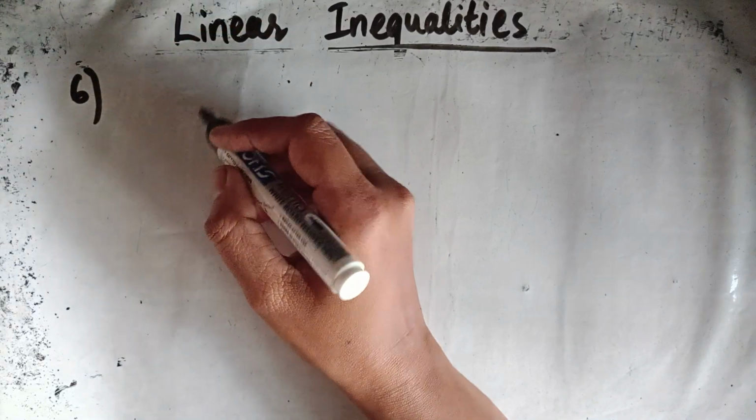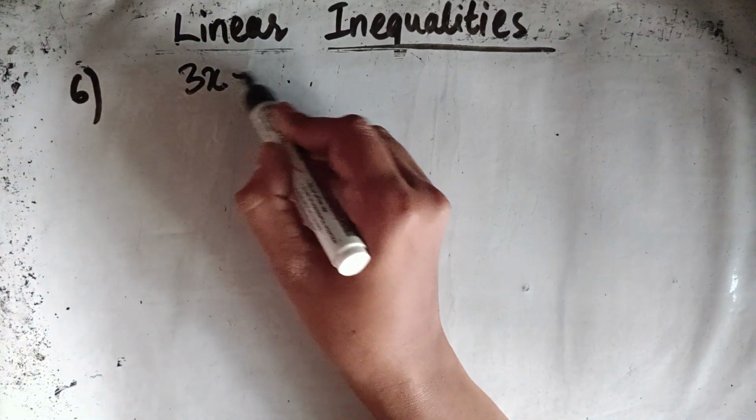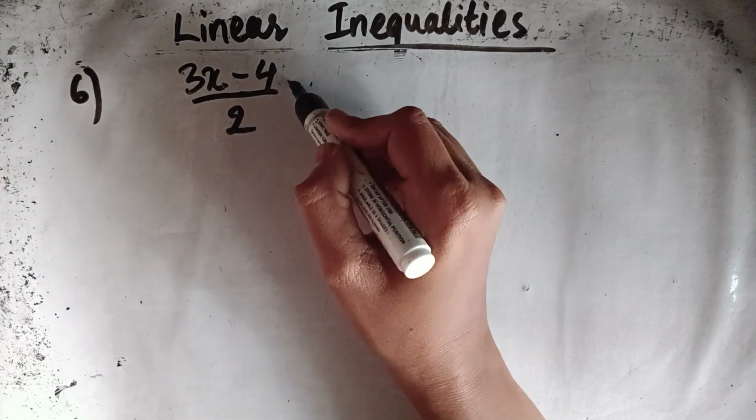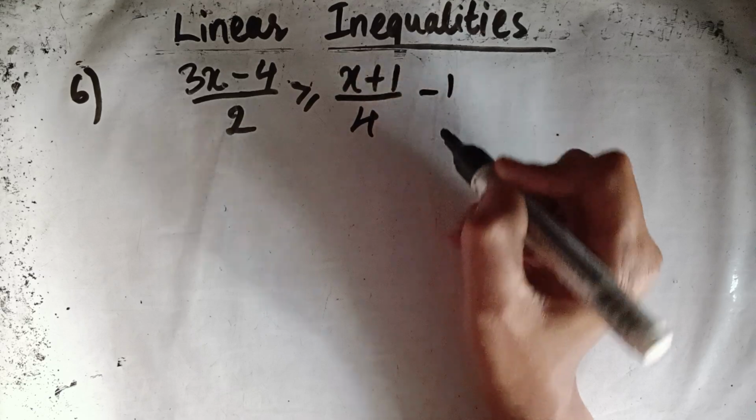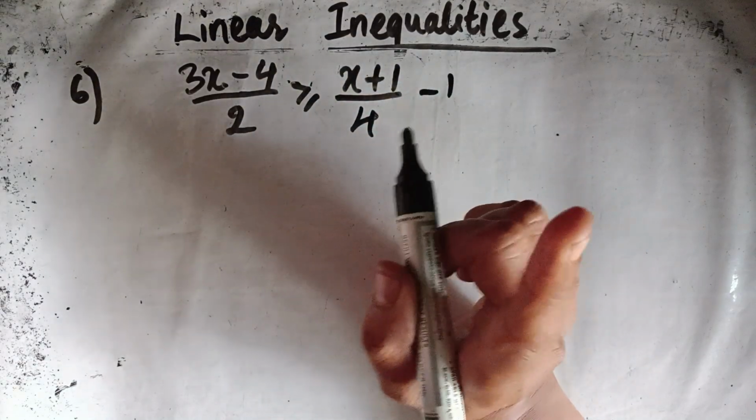Sixth one. (3x minus 4) by 2 is at least (x plus 1) upon 4 minus 1. Again you have to draw the graph.